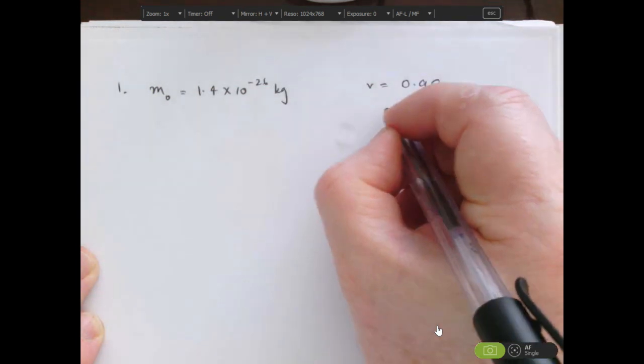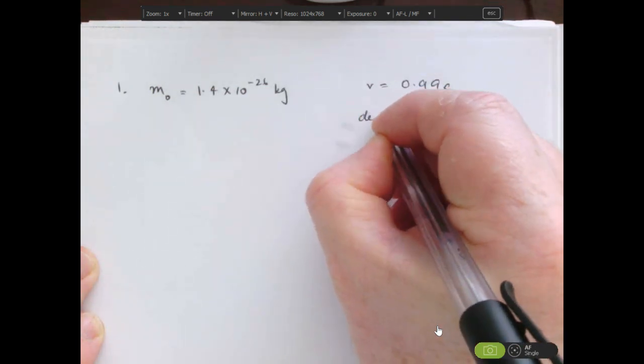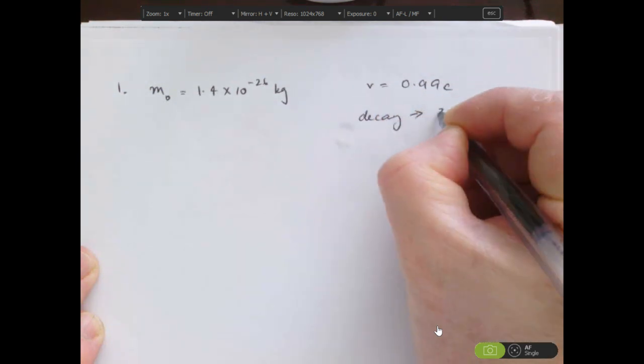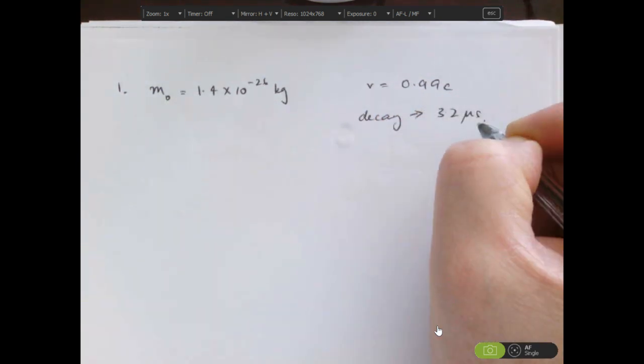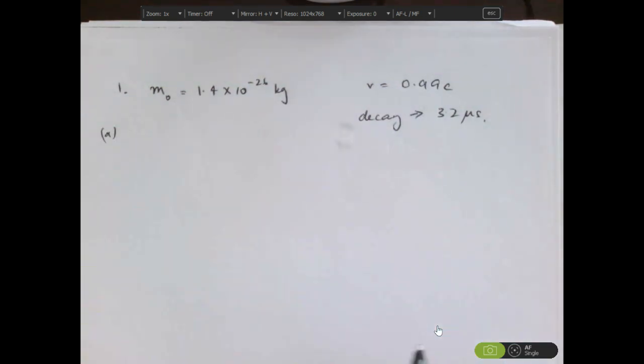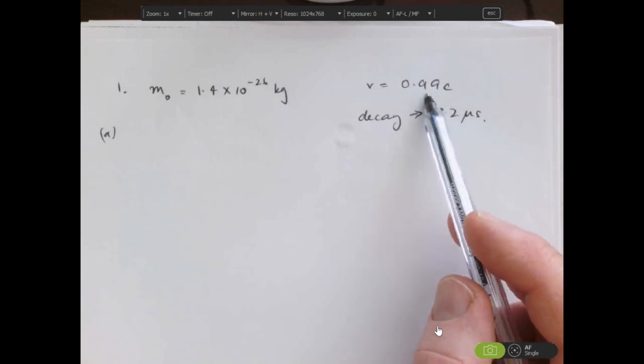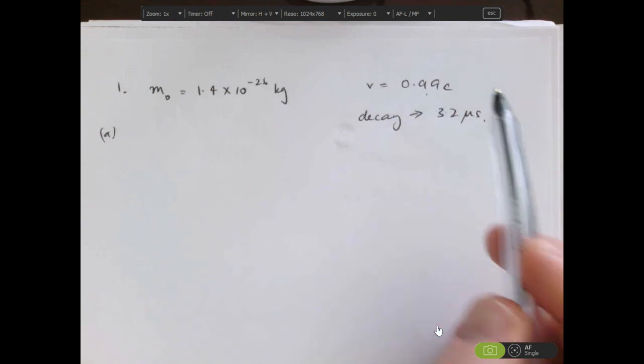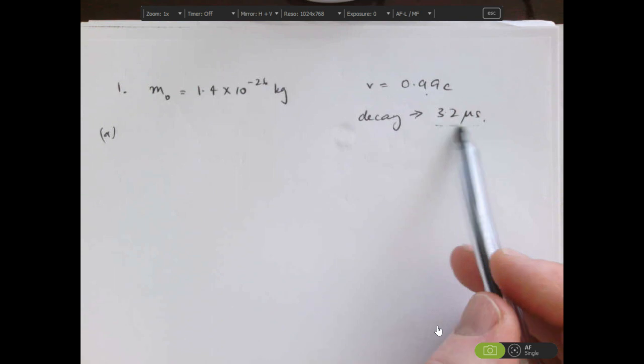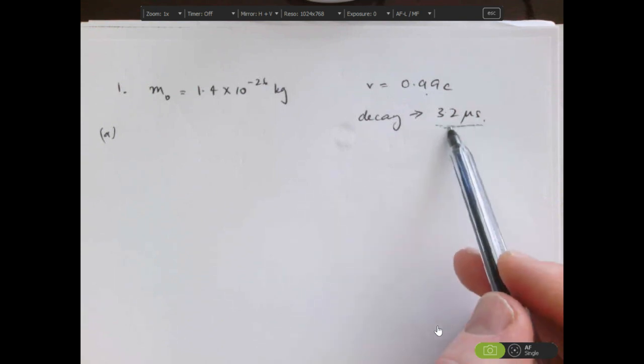And it's observed to take a decay of 3.2 microseconds. Okay, so A is asking us to work out what would be the decay if it is not moving, in other words, in a rest frame, if it was stationary. So this value here would be a longer value than we would normally see for this particle.